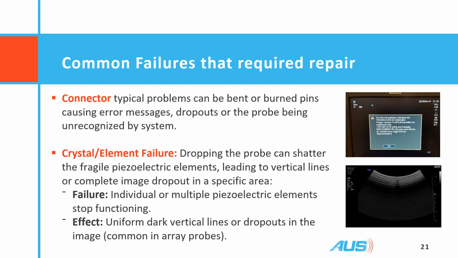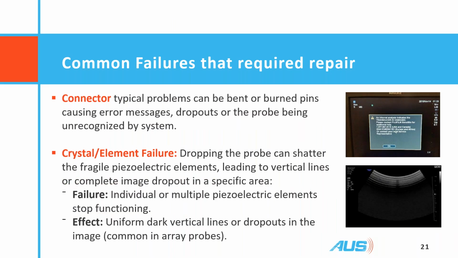Again, if you're troubleshooting connector problems, try it in multiple ports. Try it on a different system if there's one available. And if it continues to give problems in multiple ports and multiple systems, then it's time to take it out of service and get it repaired or replaced.